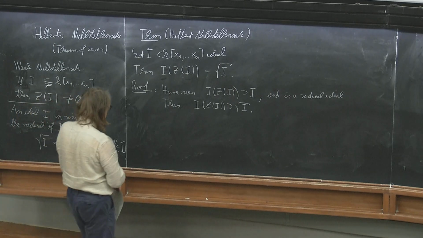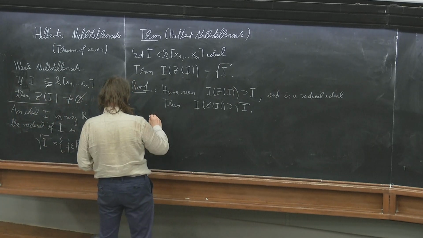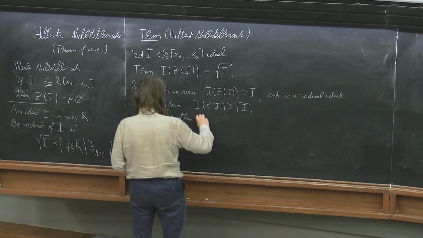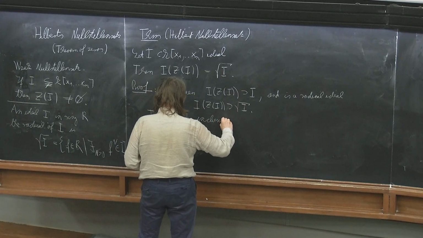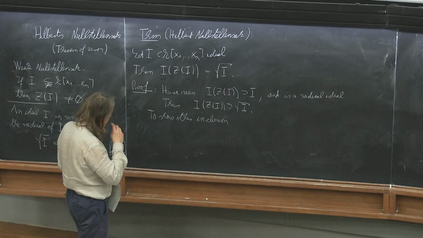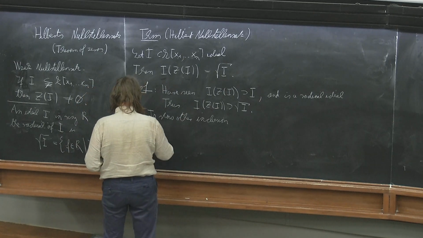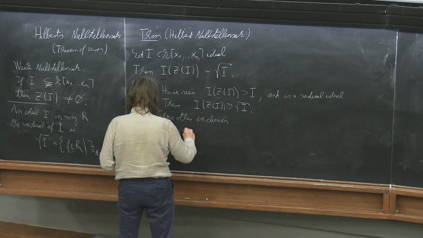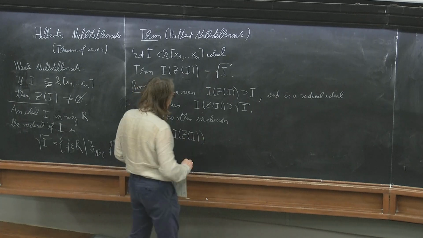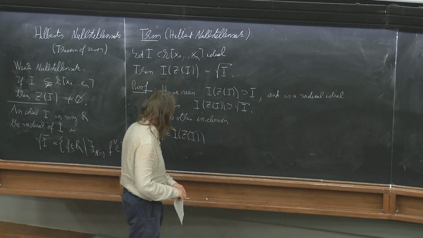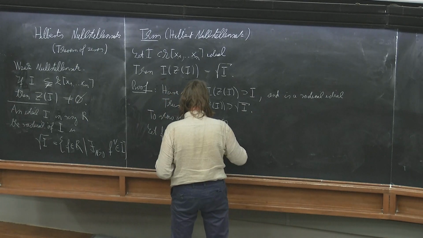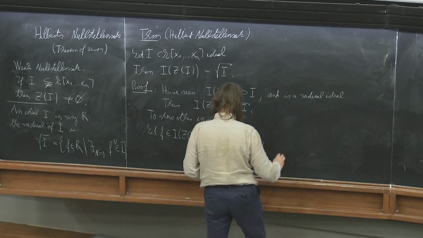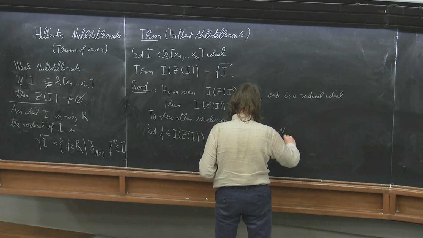So now we have to show the other inclusion, and that's rather non-trivial. We take an element f on this side, and we have to show that it lies in the radical of I. That means we have to show there exists a number n bigger than 0 such that f to the n is an element in I.